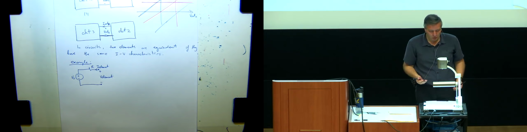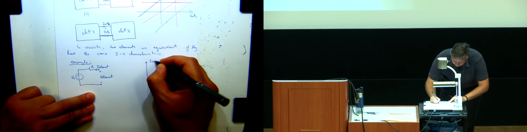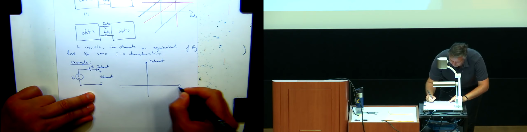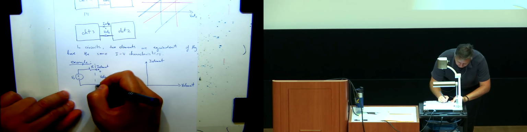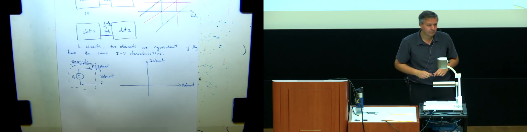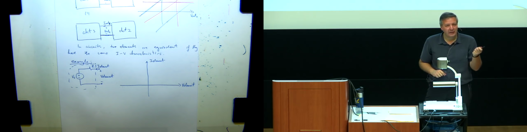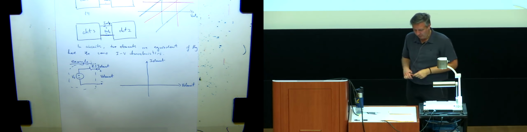And I can now draw the IV space for that, right? In other words, I'm boxing this to be like one element, right? Okay, so why don't you talk to your neighbors, figure out what is this IV curve?